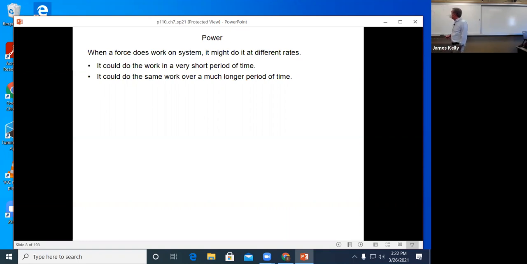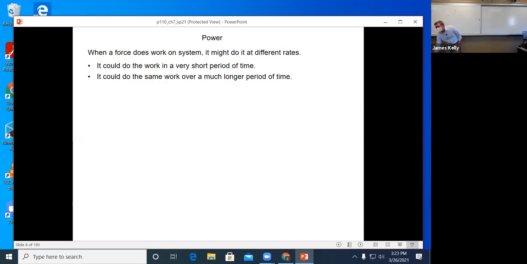Well, when I do work on a system, I could do the same amount of work, but might do it at different rates. For example, if I've got a mass, I might be lifting it up at a really slow rate. Maybe I think of my system as just this block, right? My hand is doing a certain amount of work as I lift it up 1 meter, but it might take a very long period of time if I'm lifting it slowly.